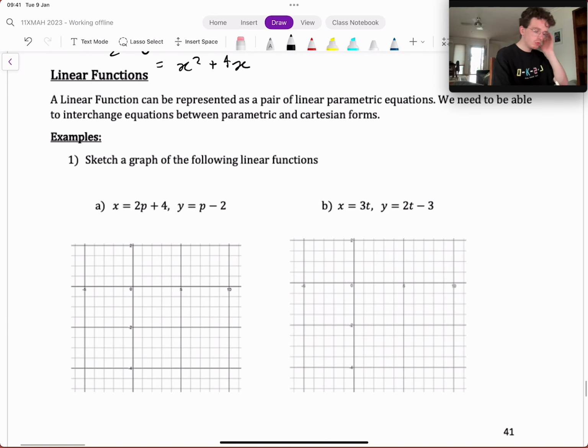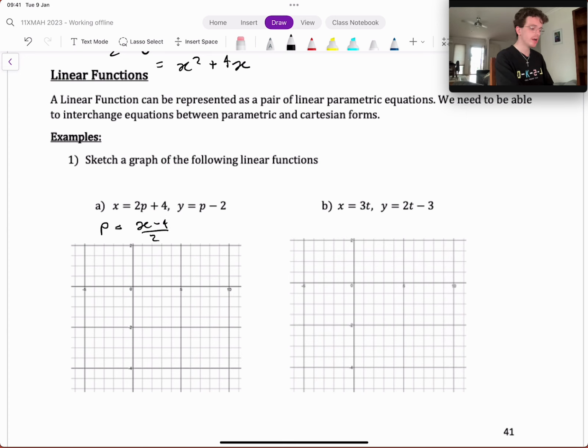Linear functions can be represented as a pair of linear parametric equations. So we talked about that. We may be able to interchange equations between parametric and Cartesian forms. Now to sketch parametric equations, we first must convert them to a Cartesian equation. So if we were to convert this to a Cartesian equation, you'll get p is equal to x minus 4 on 2.